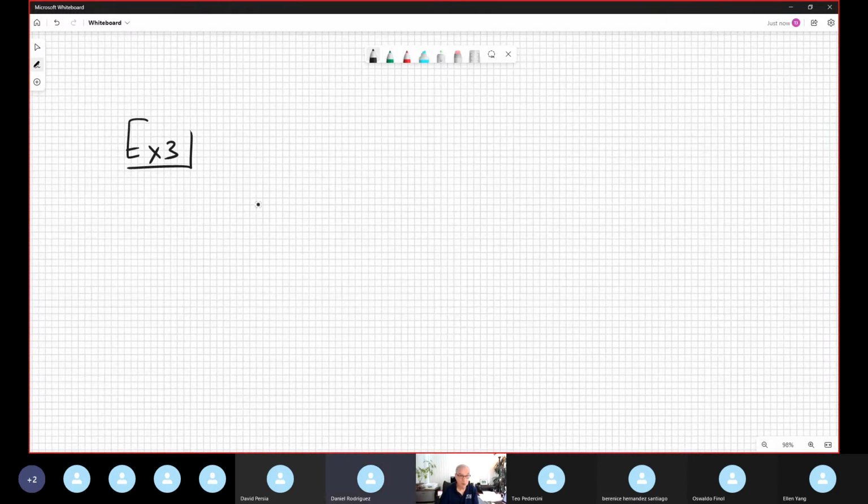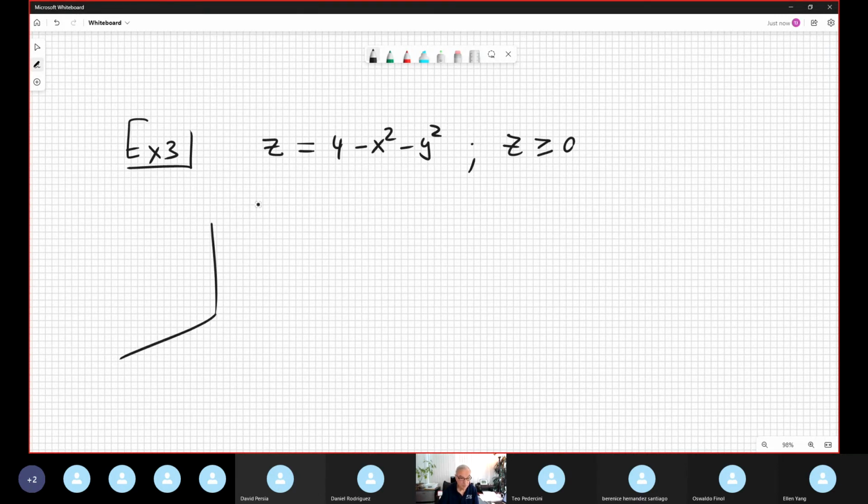Yes. Okay. So now we have z equals 4 minus x squared minus y squared, semicolon, z is positive or 0. What kind of surface is it? Help me. What kind of surface is it? Without parametrization, using your knowledge from chapter 1. It's a cone? Or cylinder?